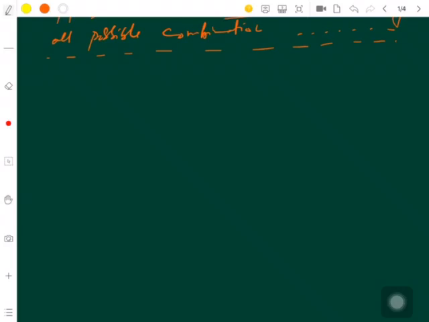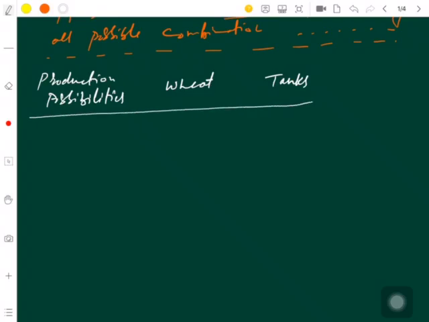So what does it look like? Let us take the first column as production possibilities. The two goods we have been talking about are wheat and tanks.